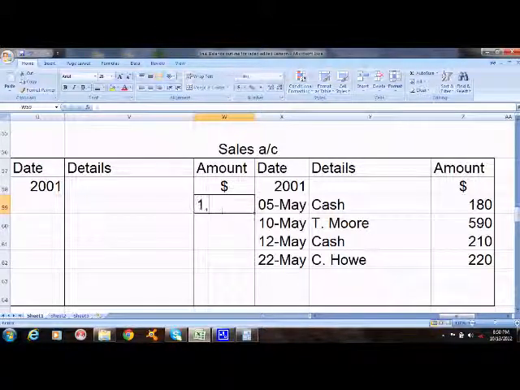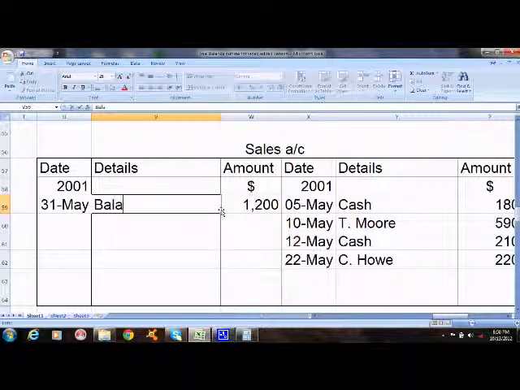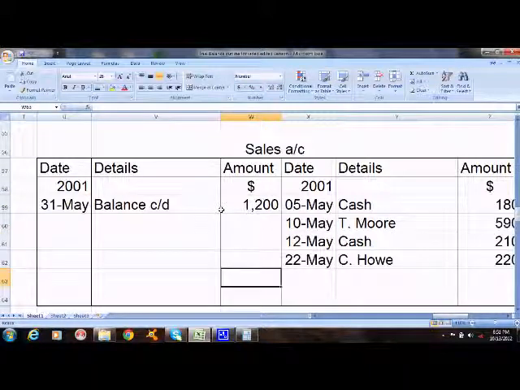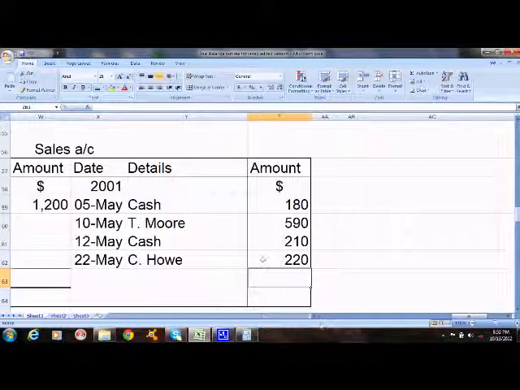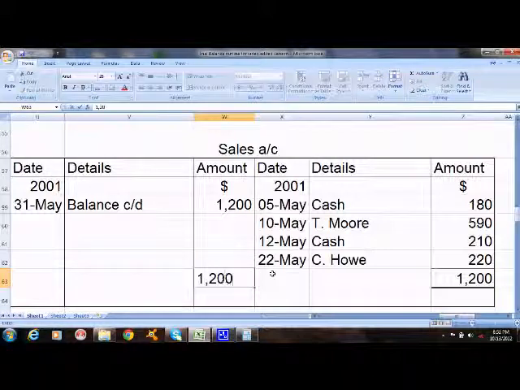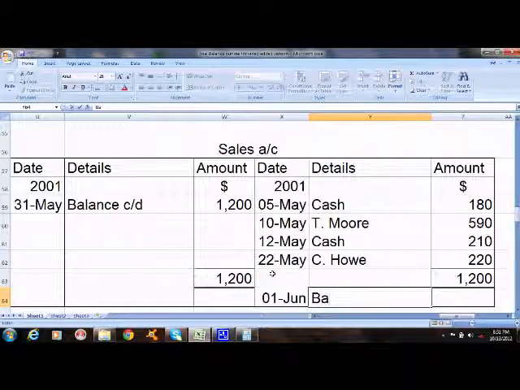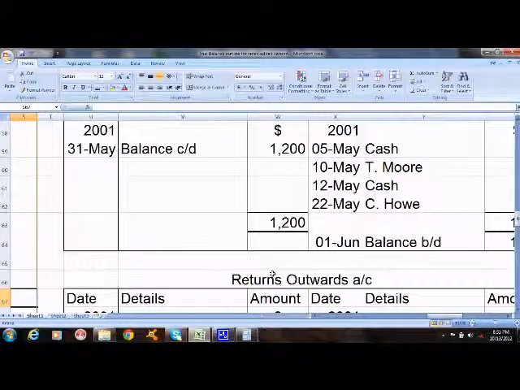So when you place 1200 right here, this is the balance that will be placed in the trial balance. Balance CD, carry down. We have a single line, double line. 1200. Then we have June 1, balance BD 1200. Credit balance, my friends, remember that one.